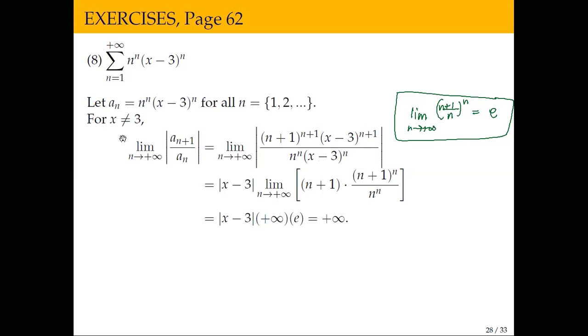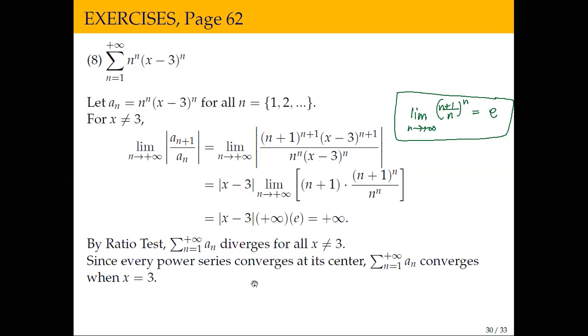Thus, this means that if you consider any real number that is different from the center, the infinite series of a sub n diverges for all x satisfying this criteria. Again, if you consider any value for x that is different from the center, your infinite series diverges by the ratio test. Now recall that every power series is convergent at its center.